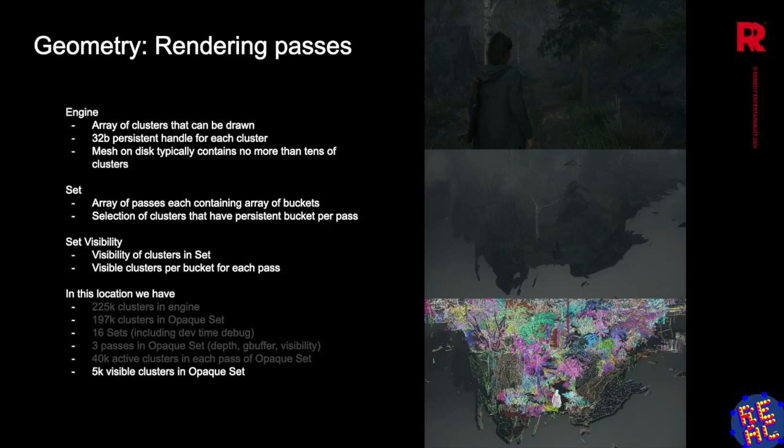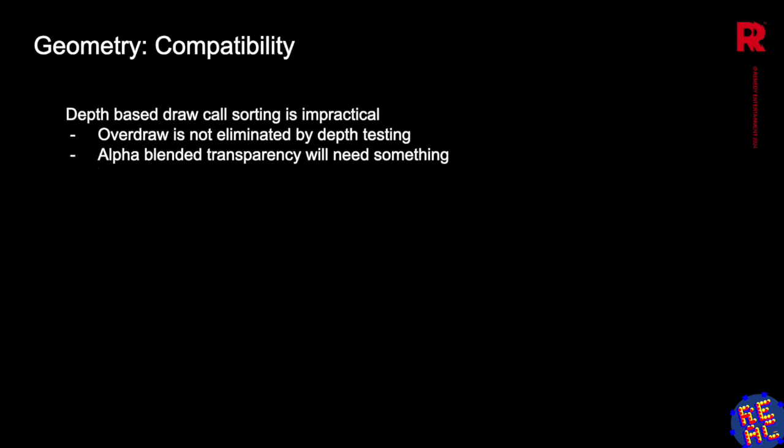One problematic case remains that doesn't fit into this model. As the whole GPU-driven design is based on grouping the draw calls based on pipeline state, passes that use depth-based sorting are going to be problematic. We have previously kept opaque geometry roughly ordered from front to back in order to take advantage of overdraw elimination with depth testing.